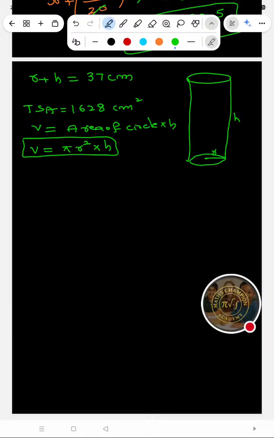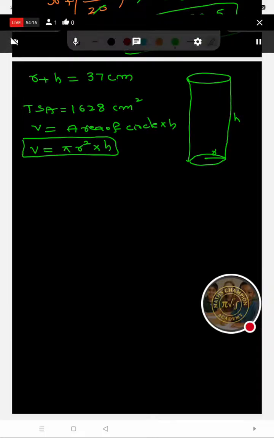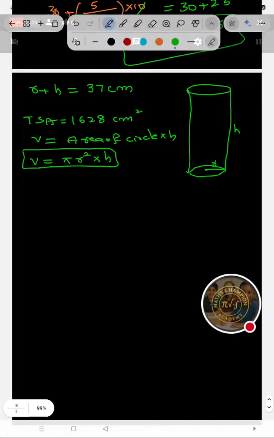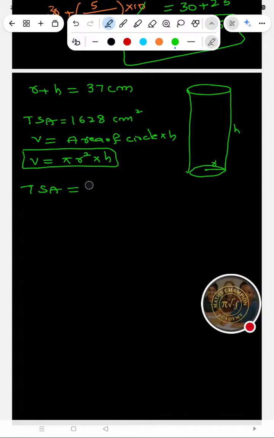Okay. Now next, what is asked: given r plus h is 37. By this we can use the total surface area given. What is the total surface area formula? Total surface area of the cylinder is 2 pi r, 2 pi r (r plus h). Okay.